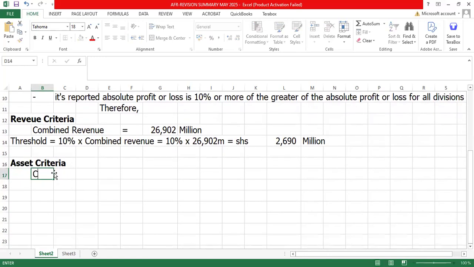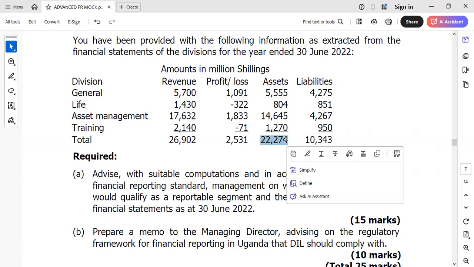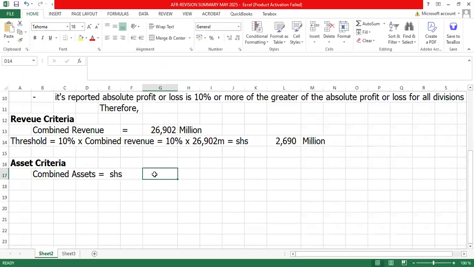So what is the combined assets? Are you given the combined assets? This is shillings. Let me see. Assets for all the divisions. It's this one. And this figure is in millions.